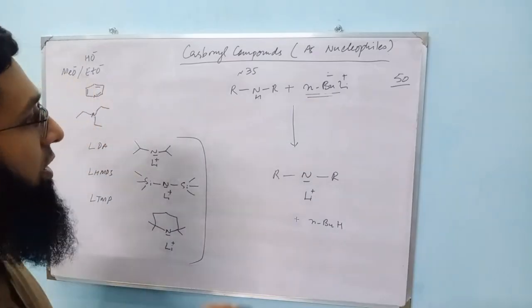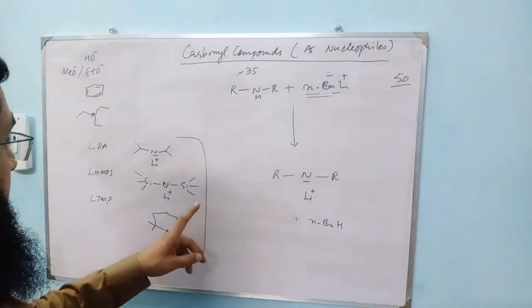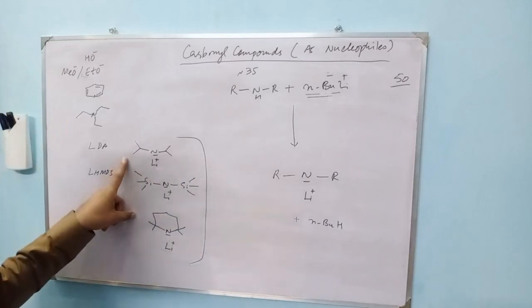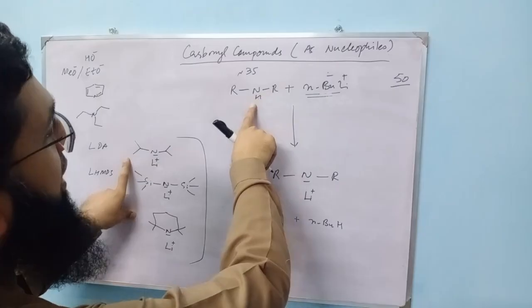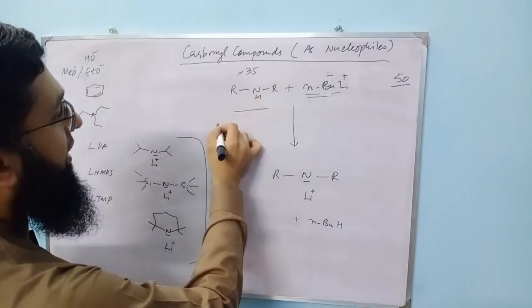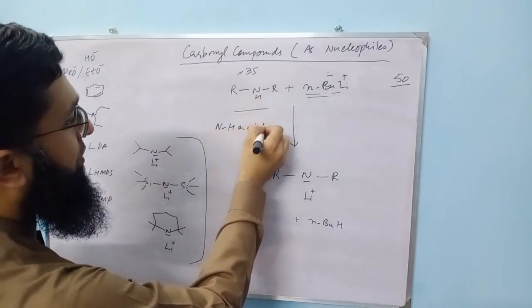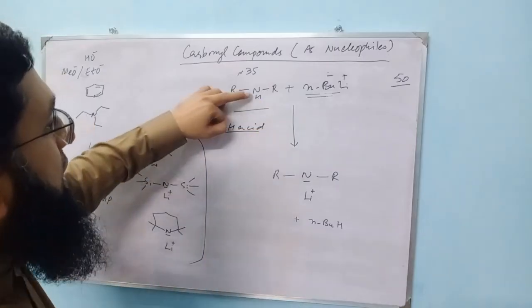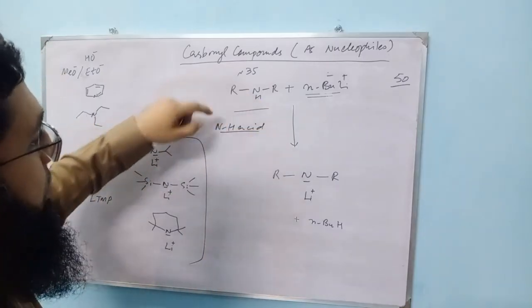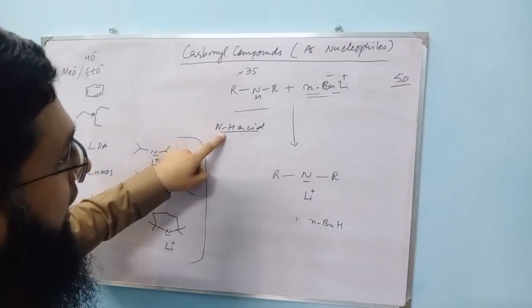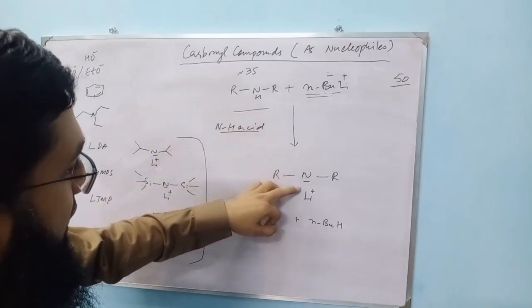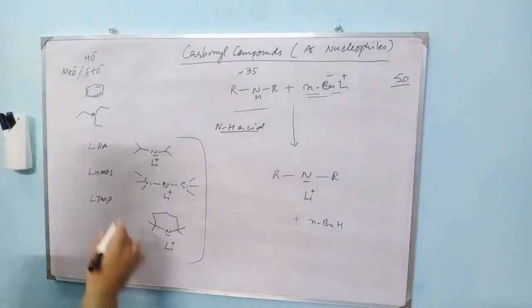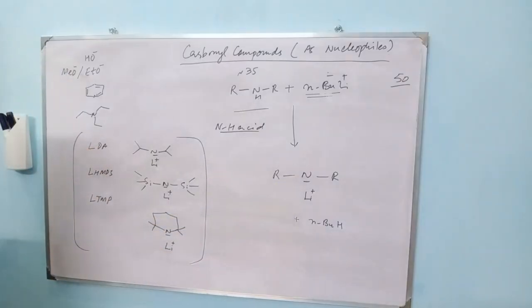So this is the general method by which these type of bases are formed. We treat N-butyl lithium with amines, and in these cases amines act as NH acid because the proton has been abstracted from the nitrogen, therefore they are called NH acid, and after the abstraction we get these amides, lithium amides, and we have these three types of bases which can be used.